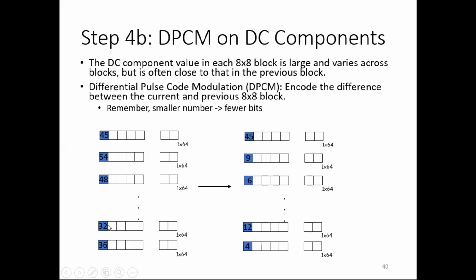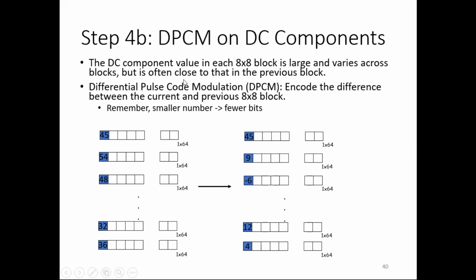This 12 is taken from the value in the upward direction: the DC component of the previous vector is 20, then we subtract 20 from 32 and come up with 12. Then for the final vector, 36 minus 32 gives the DC value 4.